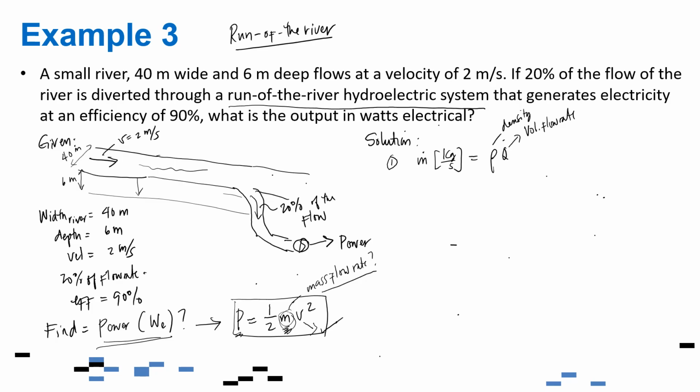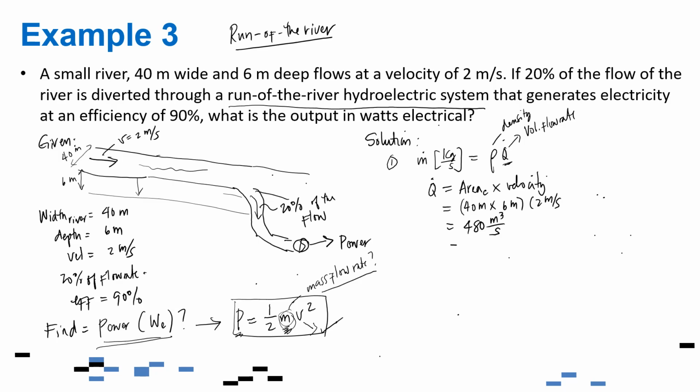So what is the volume flow rate of water? Now we can get the volume flow rate Q by the cross-sectional area times the velocity, right? In this case, the area of the river is 40 meters times 6 meters, times the velocity. So we have Q of 480 cubic meters per second.